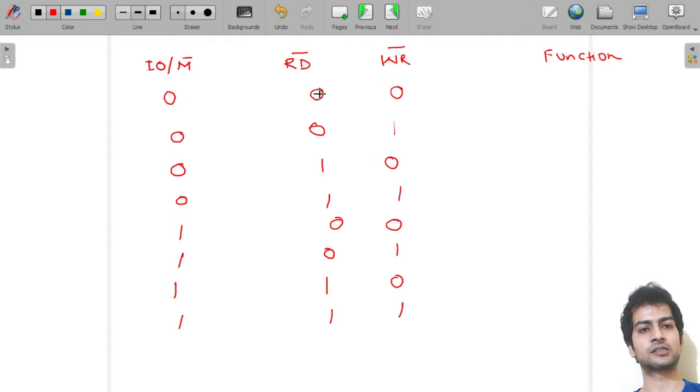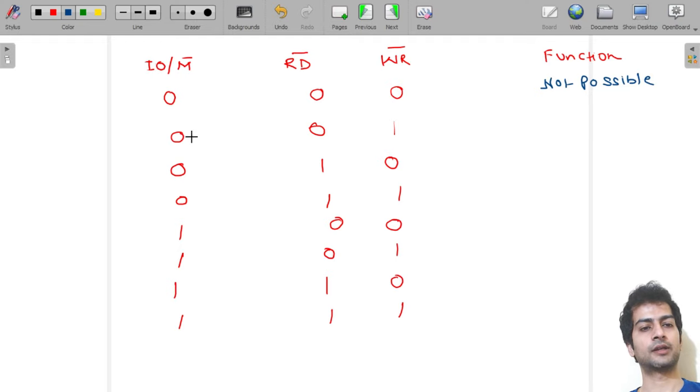This function signifies that we are reading as well as writing from the memory at the same instant of time. I told you earlier that it is not possible. A microprocessor cannot perform two different functions at a time. So I can write: not possible.